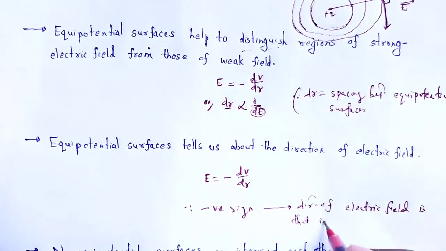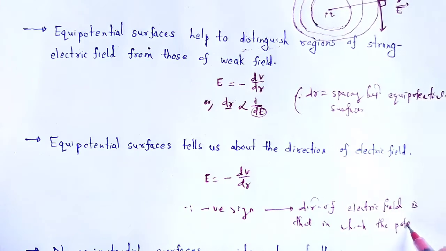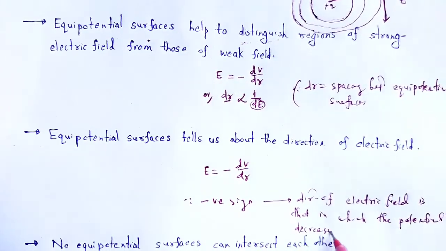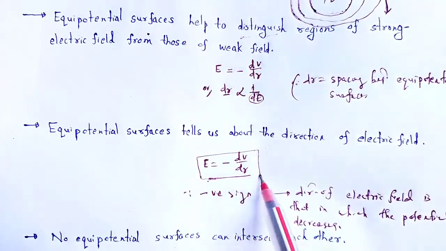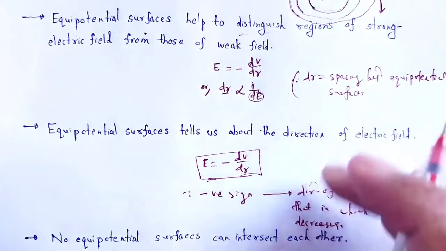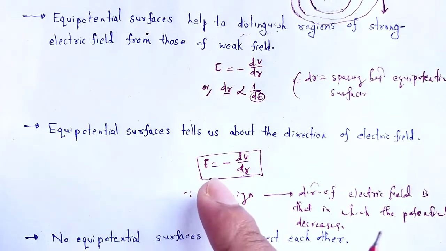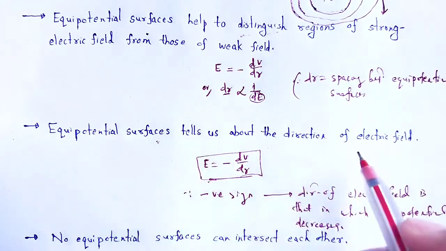This negative sign from the mathematical expression lets us conclude that equipotential surfaces tell us the direction of the electric field.